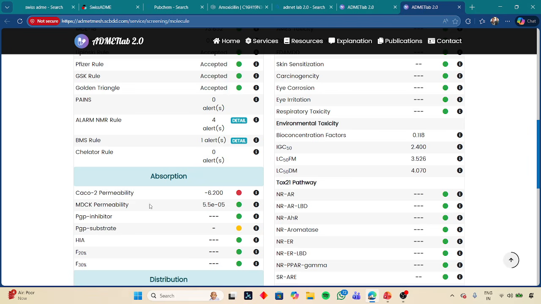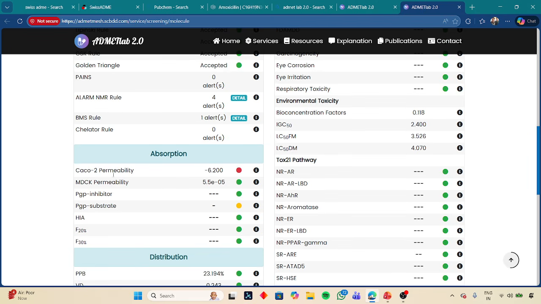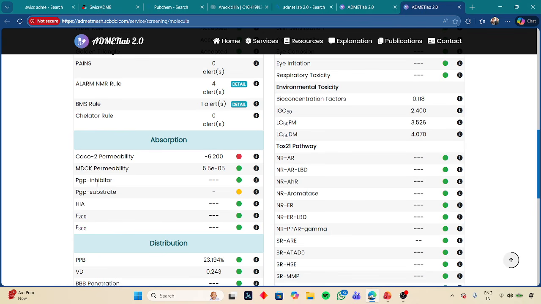Then we have the absorption parameter. It is the Caco-2 cell line, which is cell line permeability. If cells are present in our body, what is the permeability to enter inside the cell? That is minus 6.2, where the optimal range should be higher than minus 5.15. Then there is MDCK permeability.